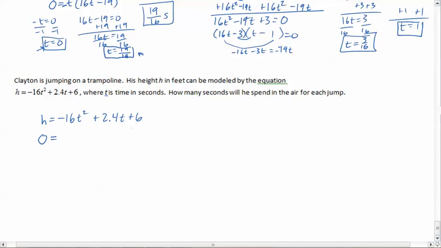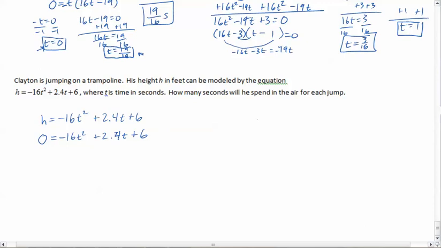Now what I'm going to do, because I really don't like this decimal here. Granted, you could do the quadratic formula, and that would be fine. You can do the quadratic formula, and that's not a problem at all. But I, like any normal, sensible human being, want to try to avoid the quadratic formula at all costs.